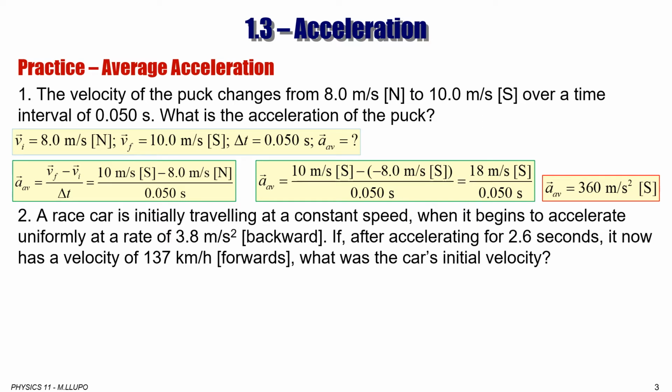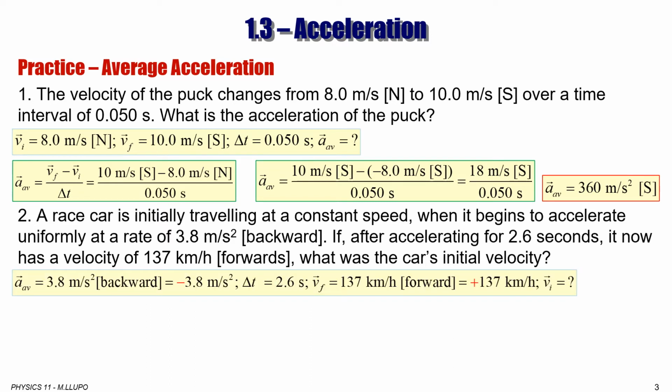A race car is initially traveling at a constant speed when it begins to accelerate uniformly at a rate of 3.8 meters per second squared backward. If after accelerating for 2.6 seconds, it now has a velocity of 137 kilometers per hour forward, what was the car's initial velocity? So again, what is given and what is required? Average acceleration is 3.8 meters per second squared backward.